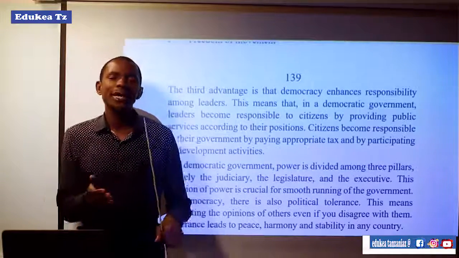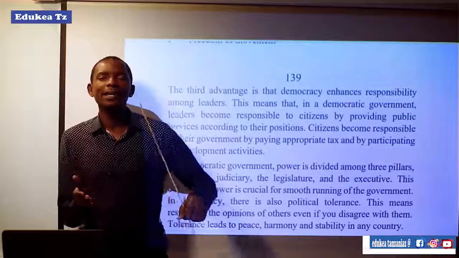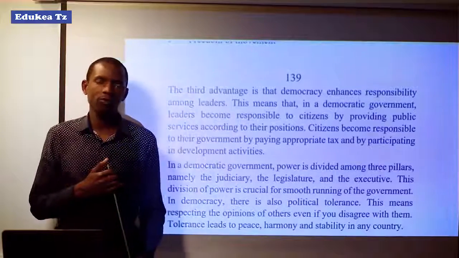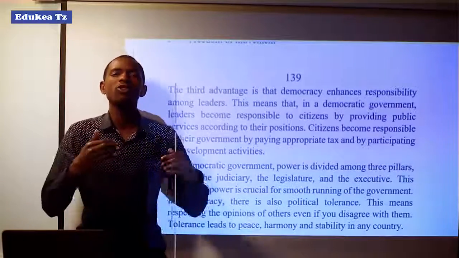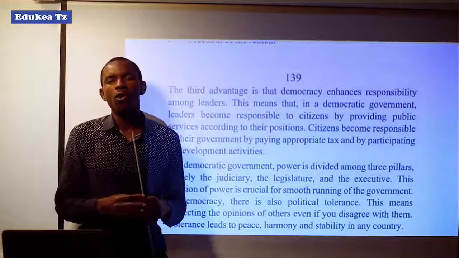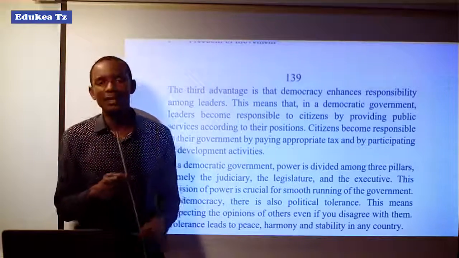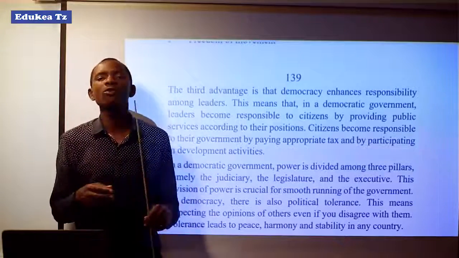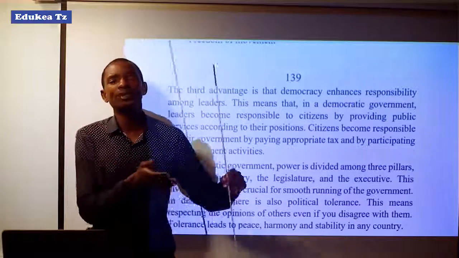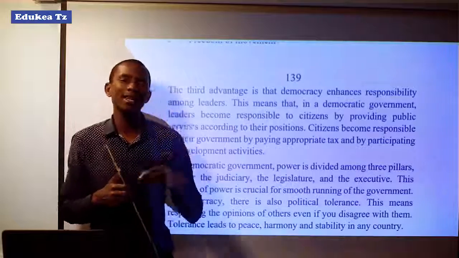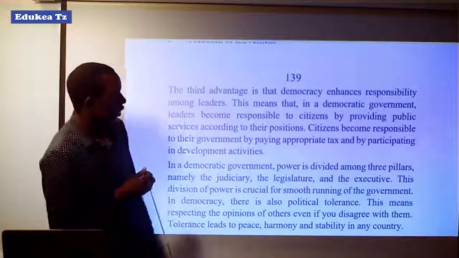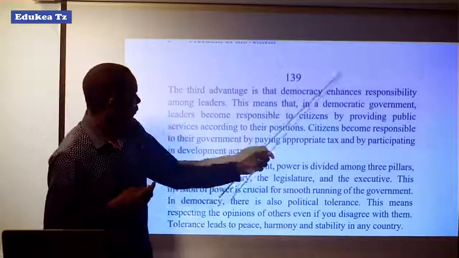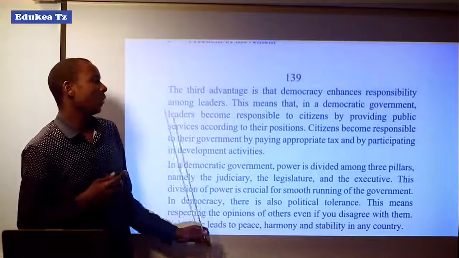Don't waste a lot of time on yourself. You have to make sure that you are responsible. If you have been selected to represent the majority or other people, you have to be responsible. You have to represent them. So that is another importance of democracy. Responsibility is strongly considered among the leaders.